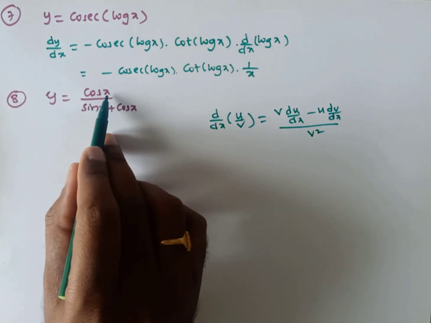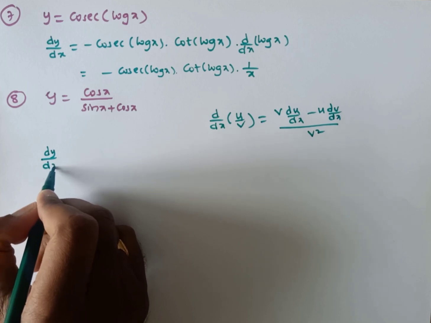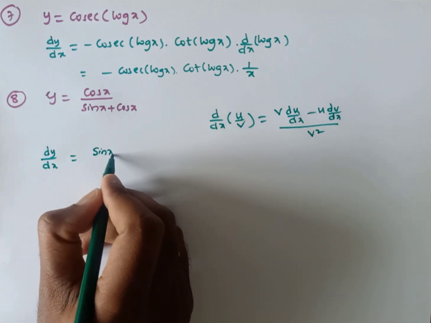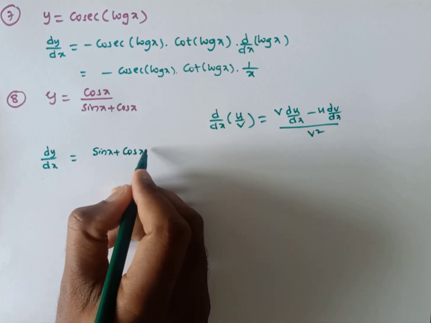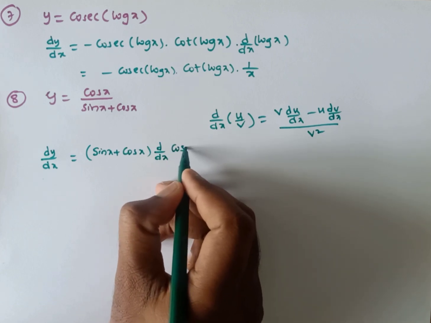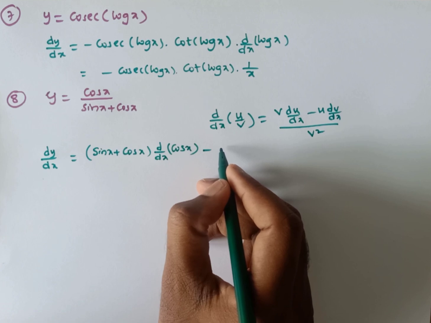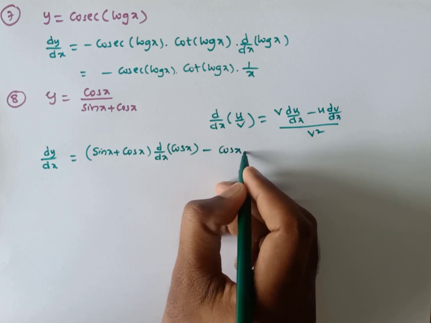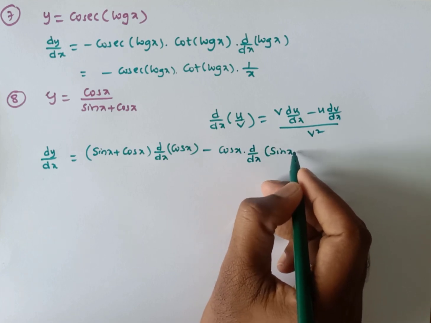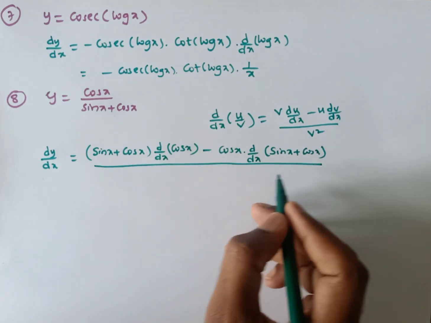So similarly, u is cos x and v is this one. So apply the derivative for this. dy by dx is equal to, v means sin x plus cos x into d by dx of u, that is cos x, minus u, so u is cos x into d by dx of sin x plus cos x, whole divided by v square.